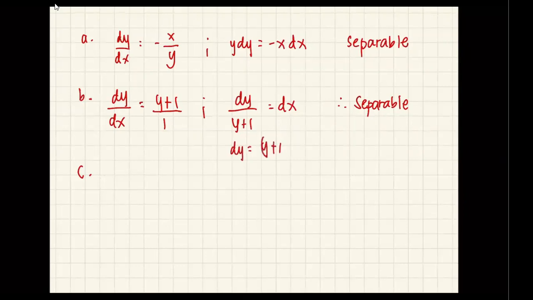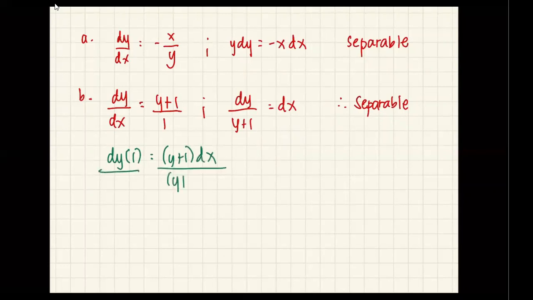Pag cross multiply, magiging siyang dy times 1 equals to y plus 1 dx. Then, i-divide mo din both side by y plus 1 kasi kailangan mo ma-separate yung variable. So, magiging same na nito. Na shortcut lang. So, pwede interchange or cross multiply.